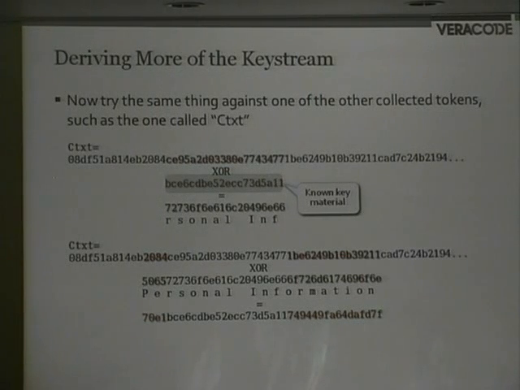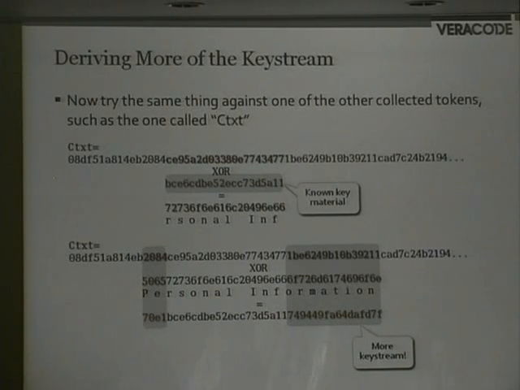You say, okay, I think that the plain text for this section of the token reads personal information. So I fill that in and I XOR that with that token, and what I get out is more key stream. Because I've extrapolated the plain text there, I've now got something like 10 more bytes of key stream. So now I have 20 bytes.